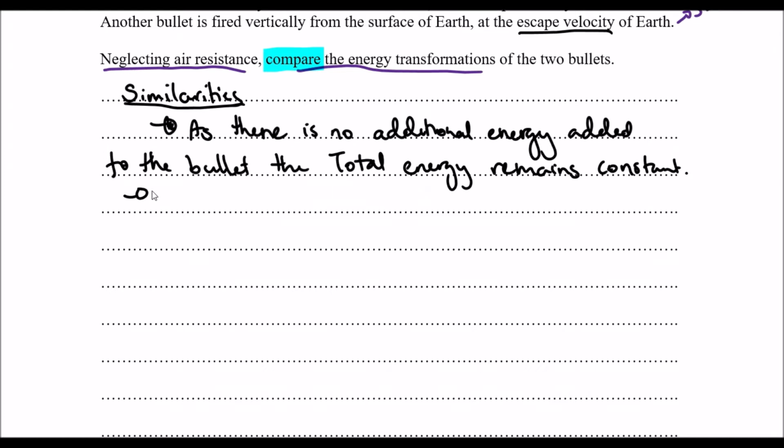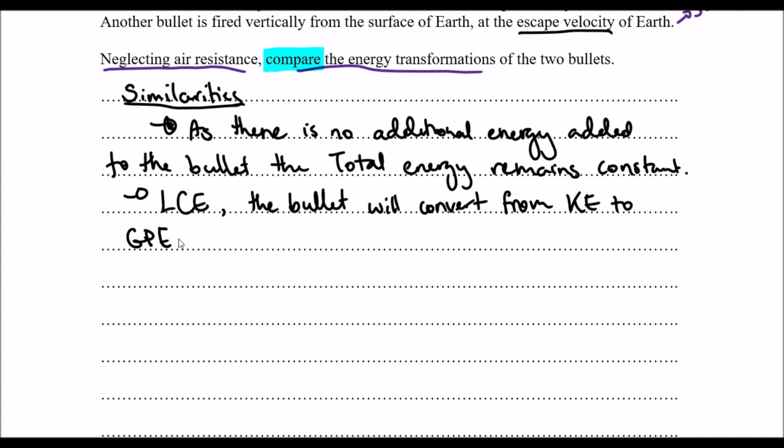What we will also see is, due to the conservation law, so the law of conservation of energy, right? The bullet will convert from kinetic energy to gravitational potential as it leaves the Earth, or as it leaves the planets.